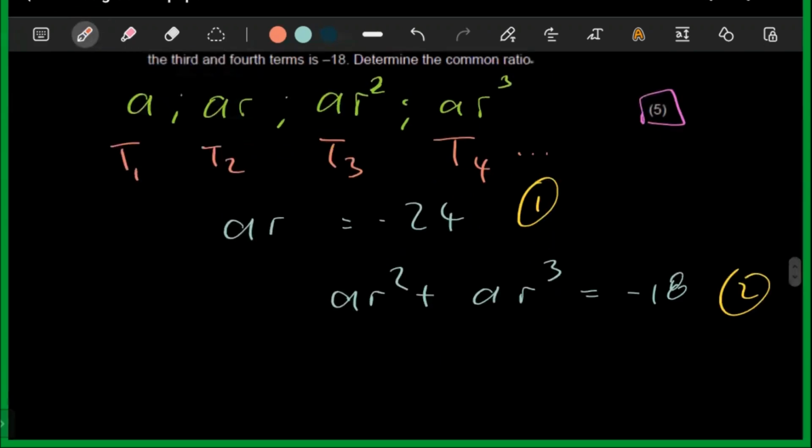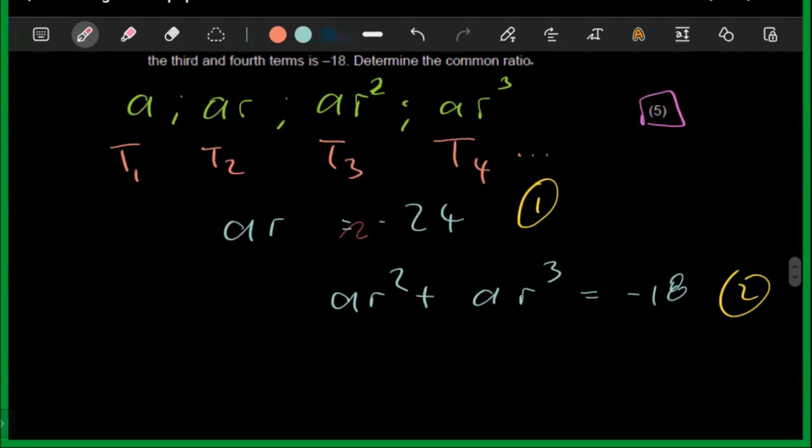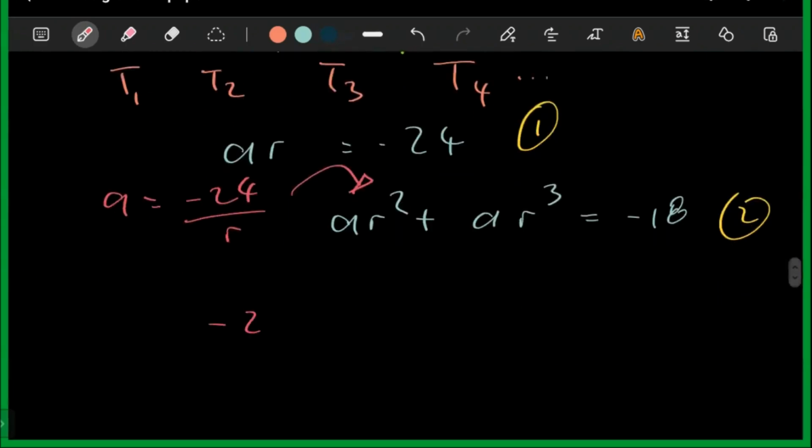That being said, here we can isolate a, so that we can throw a here and get r. So here, a is going to be -24 over r, and then we put that in here, where a is, then this is r squared. No, before you do that, it looks like you may want to factorize first, which we can.